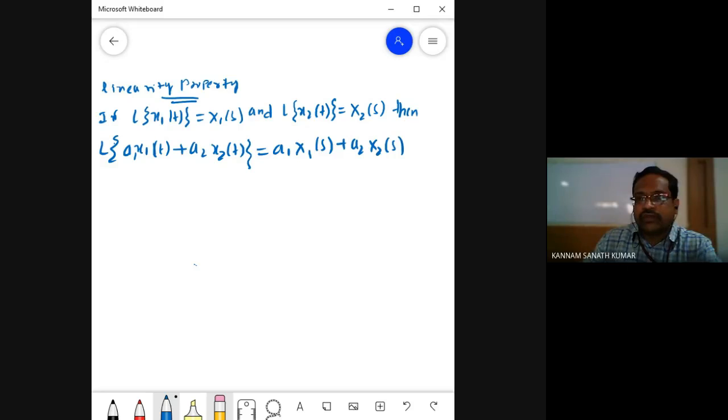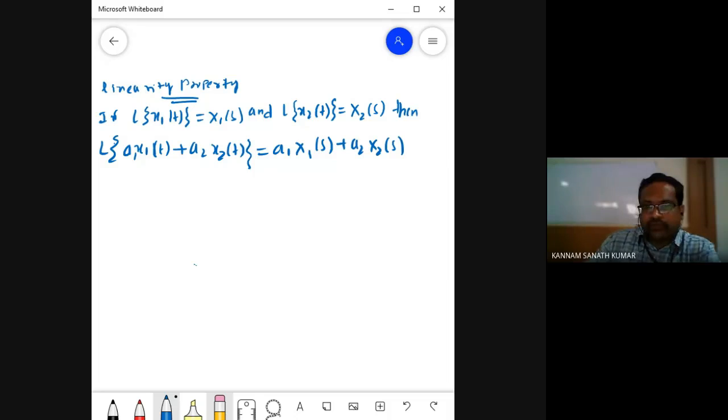This linearity property you already saw in the Fourier transform also. Linearity means it should satisfy both homogeneity and superposition. When both are satisfied, the linearity property is proved.